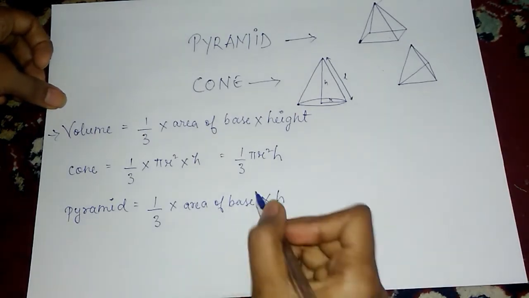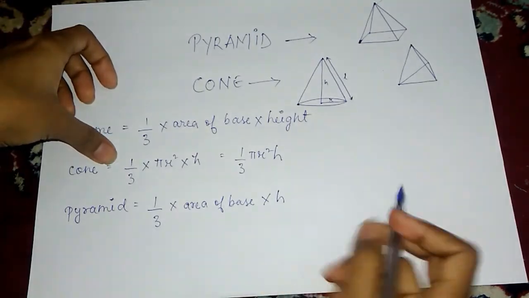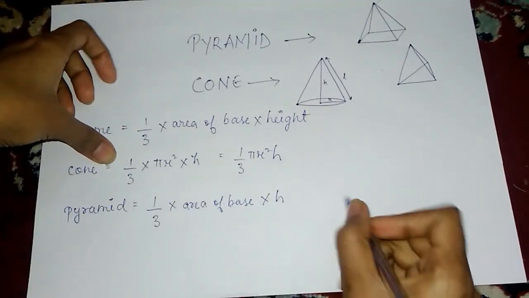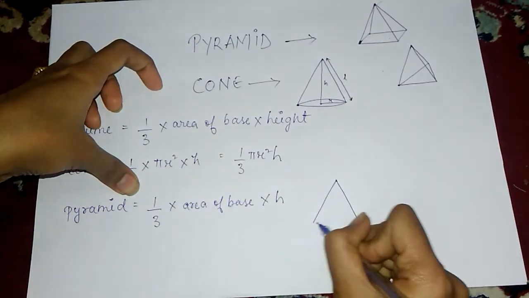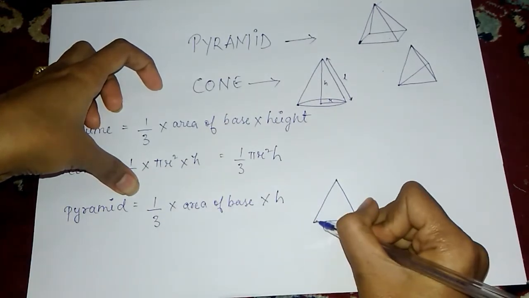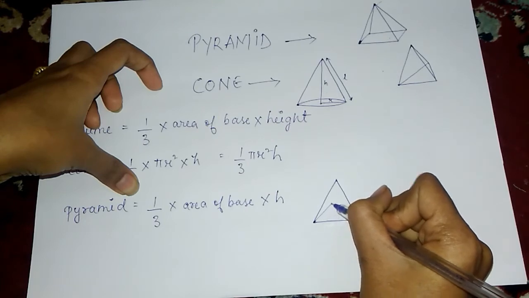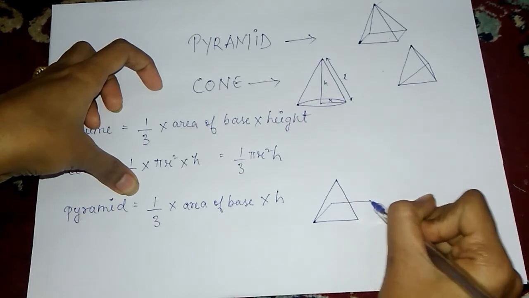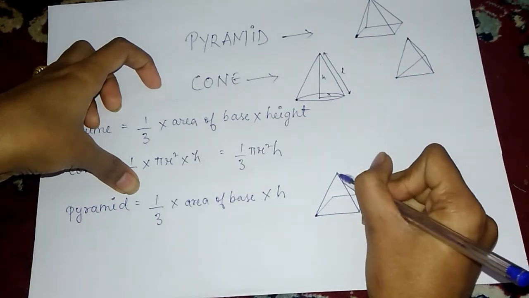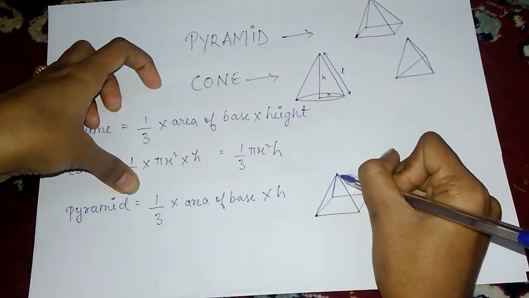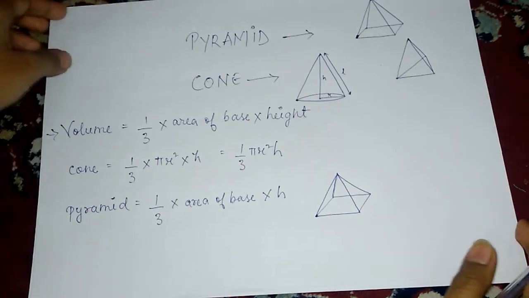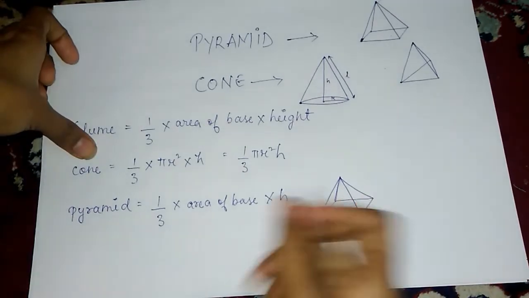I'll give you an example. Suppose we take a pyramid with a square base. So this is a pyramid with a square base.